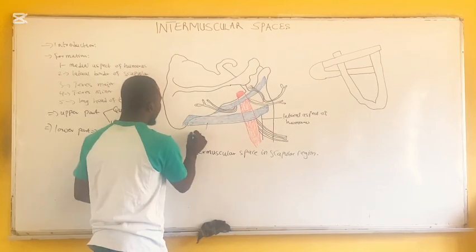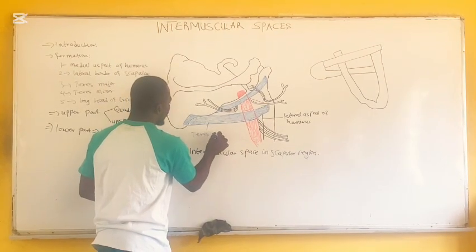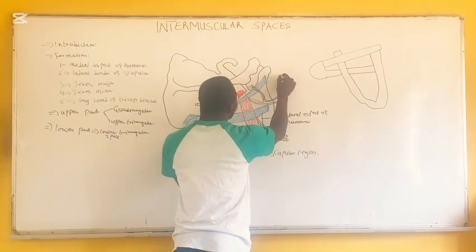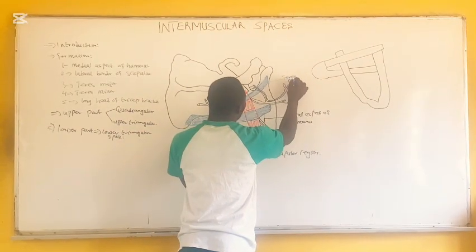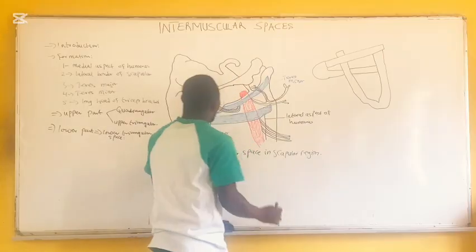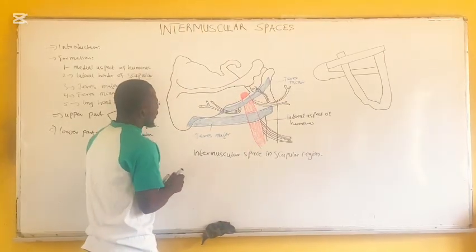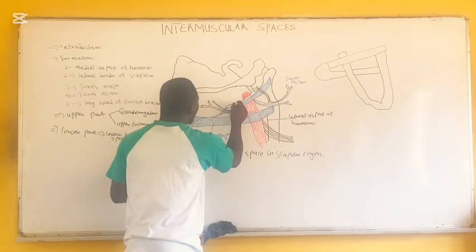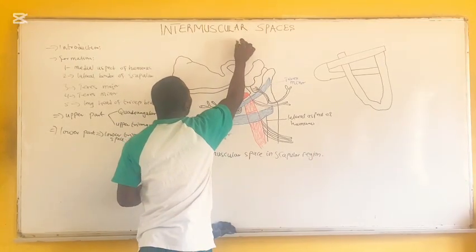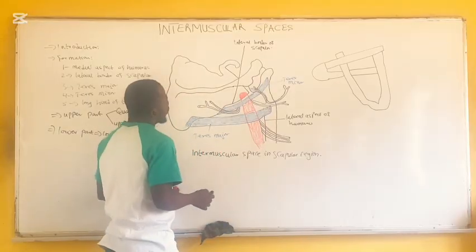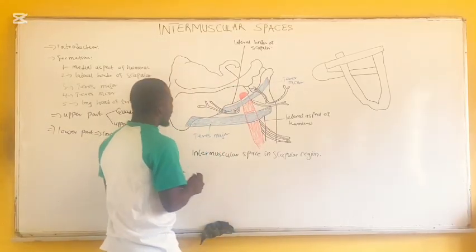This is the teres major, and above it is the teres minor. Also, they are formed by the lateral border of the scapula. So this is the lateral border of the scapula.